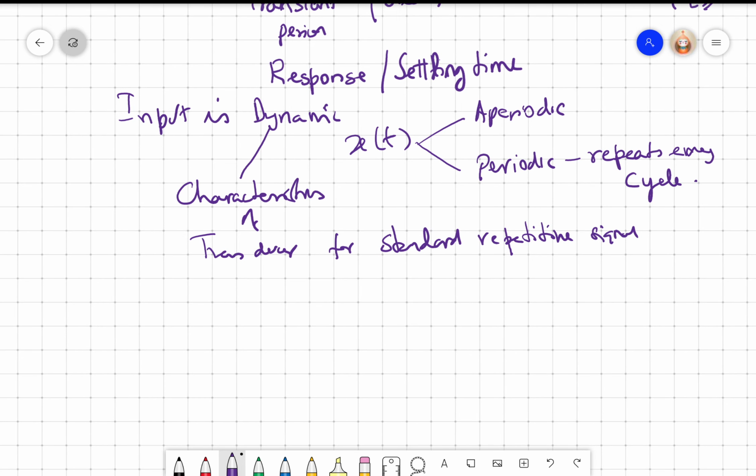For reasons similar to circuit theory, this standard repetitive signal is the sine or cosine function. We can use either sine or cosine. Old books would have used sine omega t as the standard function.